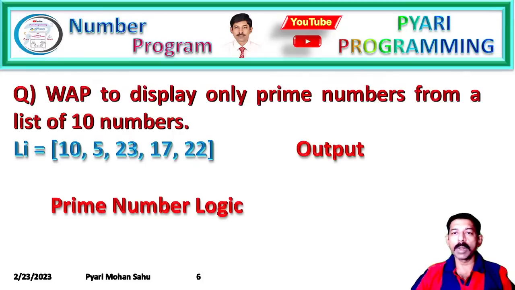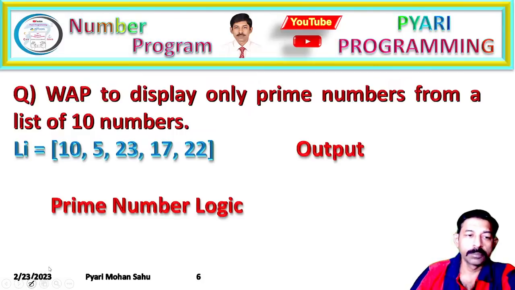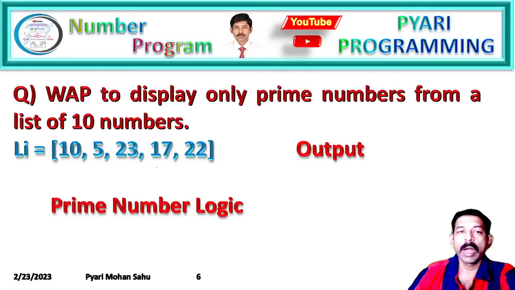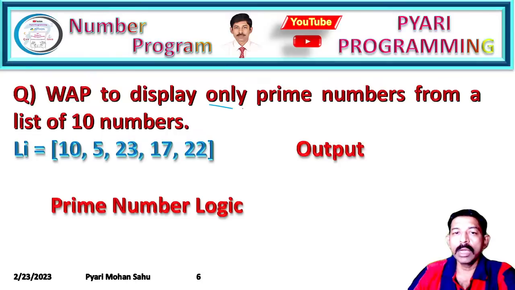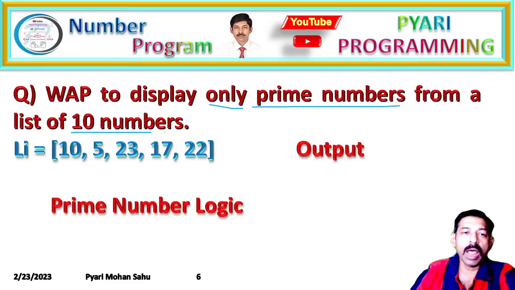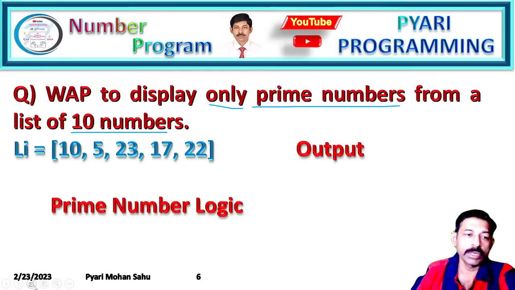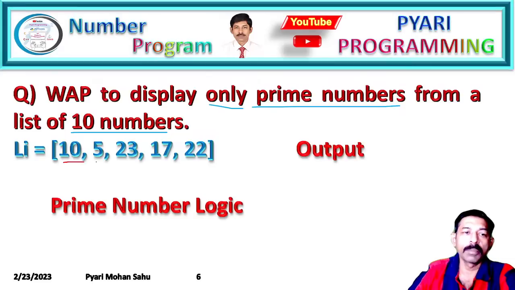Write a program to display only prime numbers from a list of 10 numbers. Yes, now think about what I need to do. That means I have 10 numbers with me in a list. Here I have taken a small example for you.